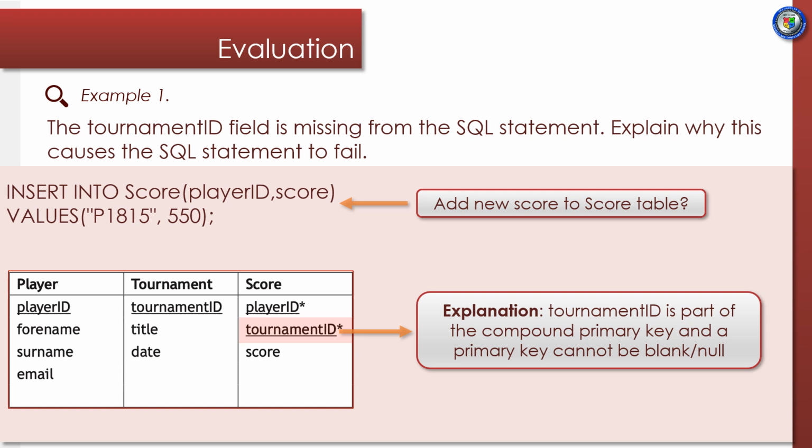They combine to make a primary key or a compound key, and therefore it cannot be left blank or ignored in this statement. In this case, we would come to the conclusion that this SQL statement is not fit for purpose.